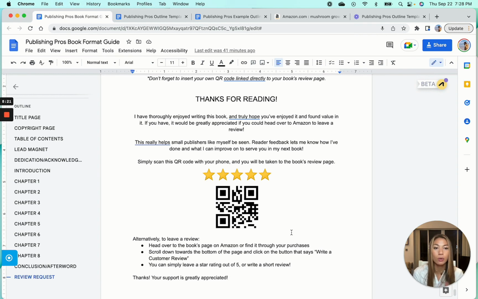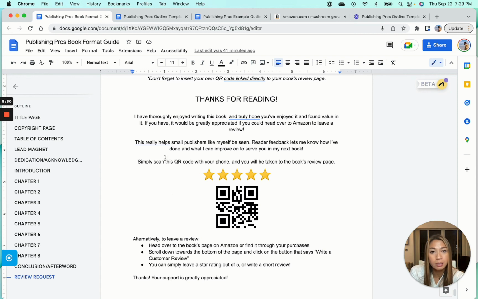So this makes it easier because they can literally take their phone out, scan the QR code, and if they have the Amazon app installed on their phone, which I think most people nowadays do, it will take them directly to the review page within the app. They don't even have to sign in or anything, and it just makes it that much easier for them to get directly to your book's review page and leave the review. And even if they don't have the app, it's still easier because they just scan it and it'll take them to Amazon in their phone's browser, and they can leave their review from there. So it's always really good to include that.